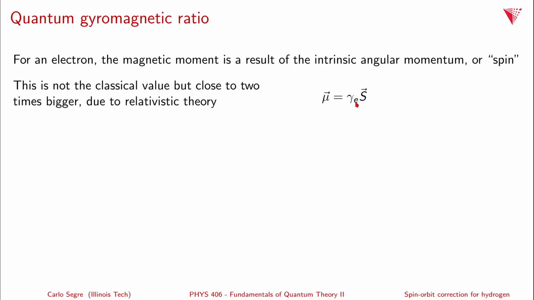This is not the same as the classical gyromagnetic ratio. It turns out it's roughly 2 times larger than the classical gyromagnetic ratio, due to relativistic theory.